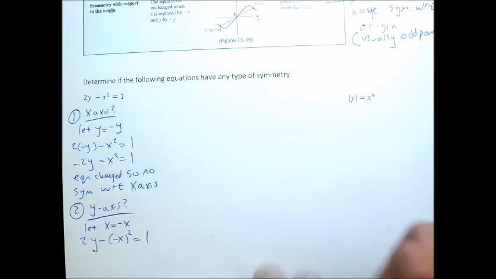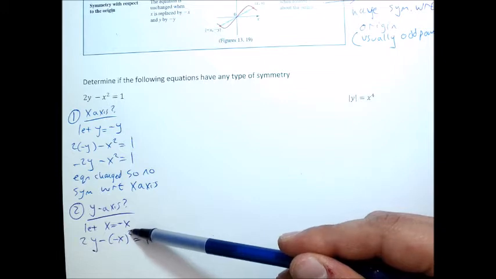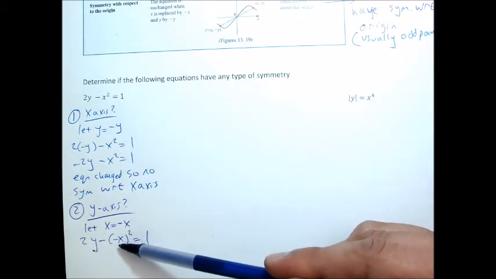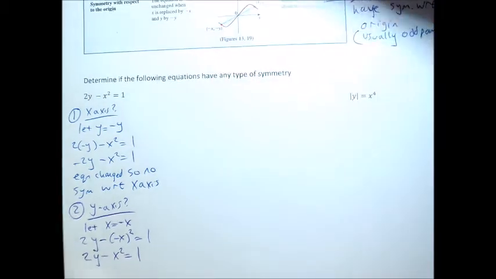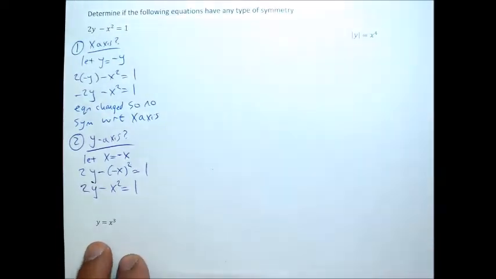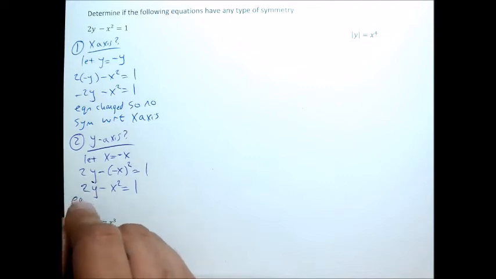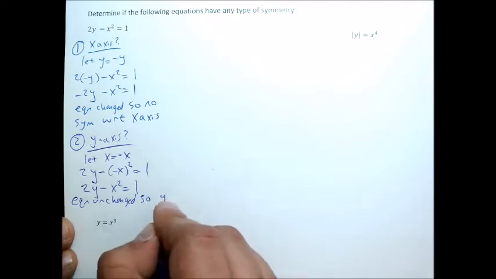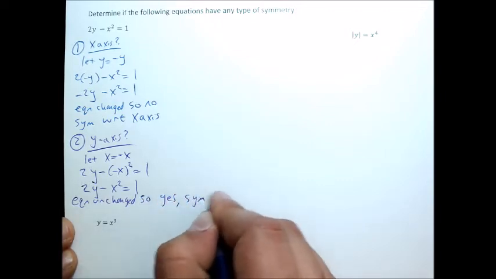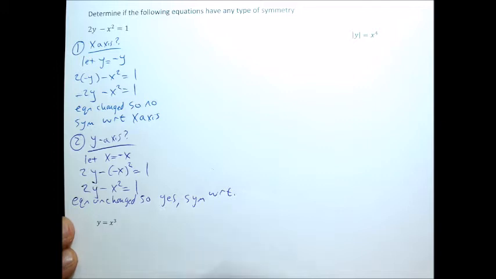And so what ends up happening is this square multiplies the negative 1 in this parenthesis, and it makes it positive again, right? In other words, this simplifies back to our original function because that square squared the negative out of there. And so the equation's unchanged. So yes, symmetry with respect to the y-axis.